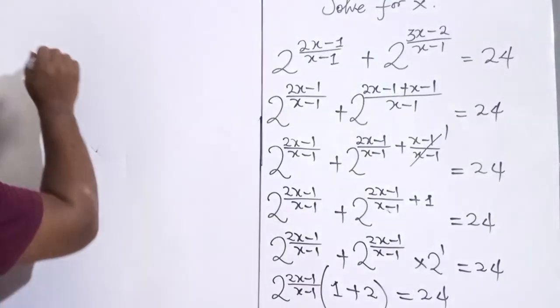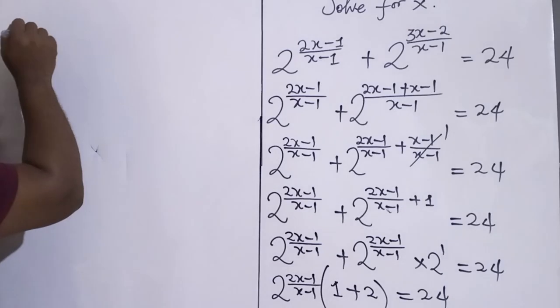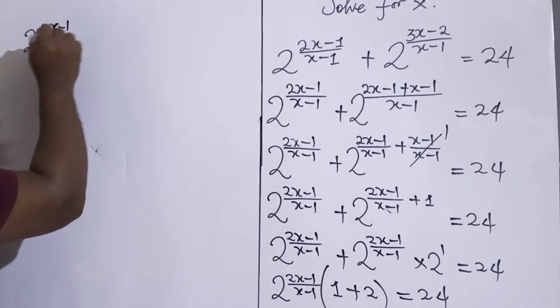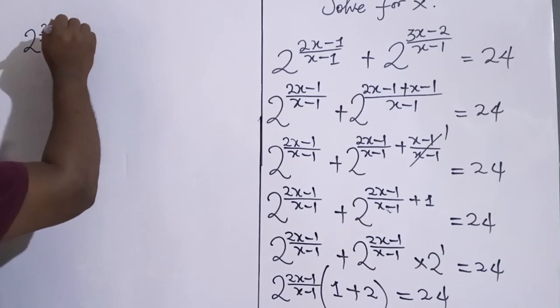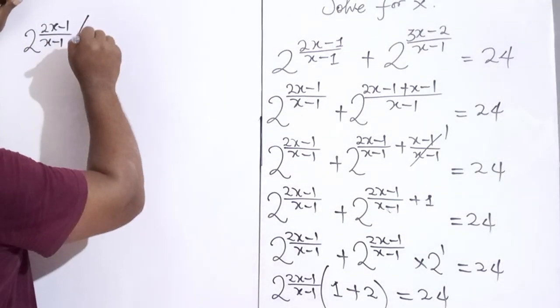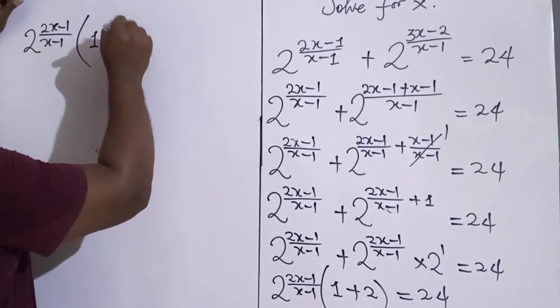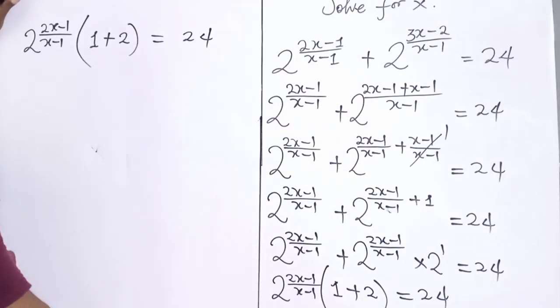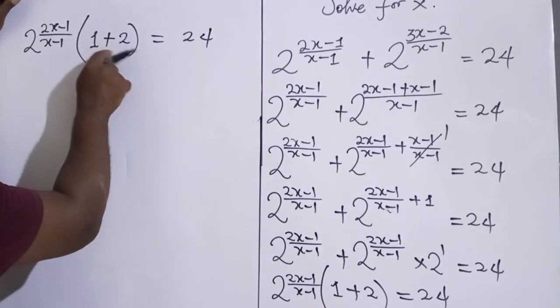So I have to the power of (2x minus 1) over (x minus 1) as a factor actually. In brackets, we'll now be having 1 plus 2 is equal to 24. So the next step now is to add up this one. I'm having 3 here, right?